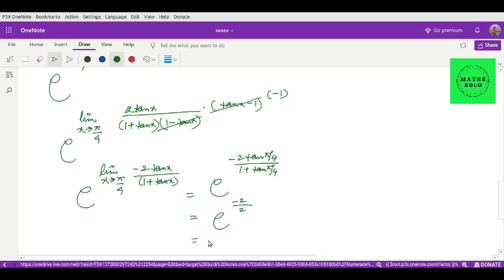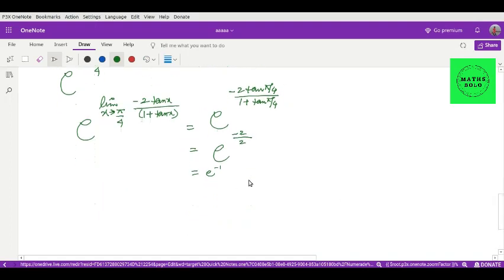This is equal to e to the power minus 1. So we have finally this as the answer to this very problem.